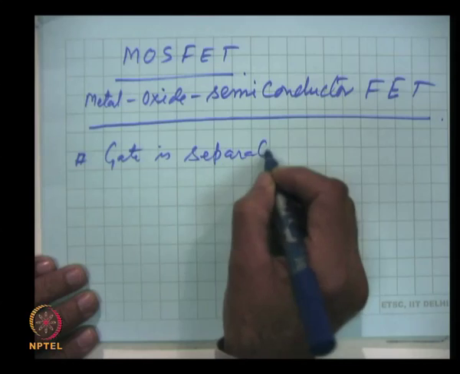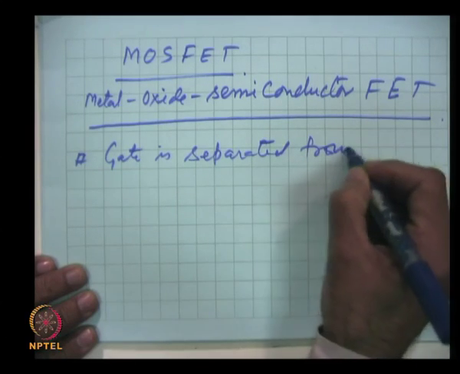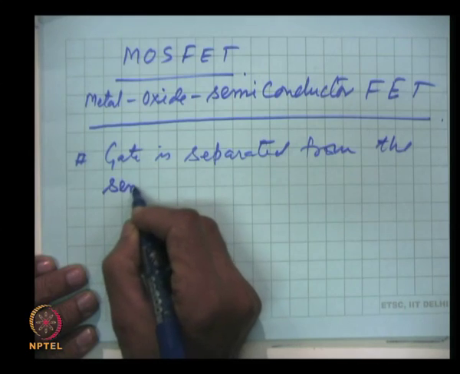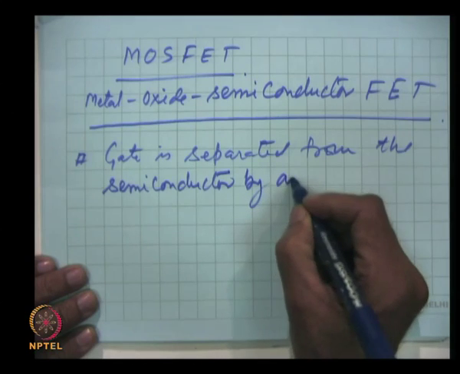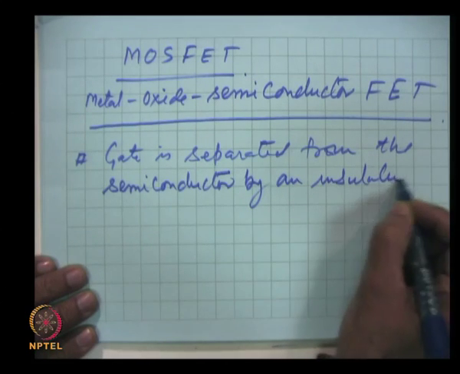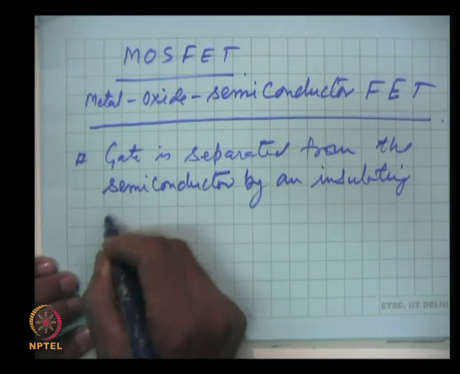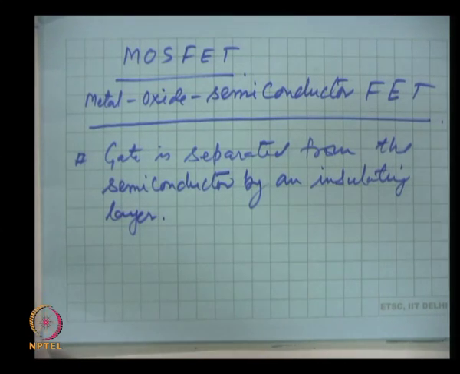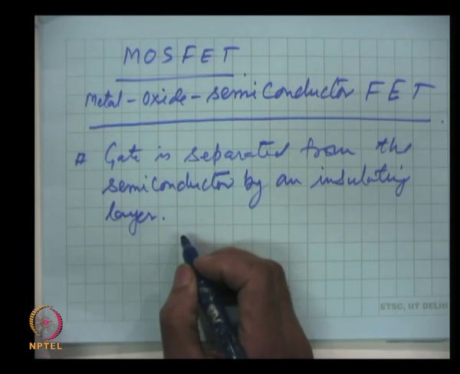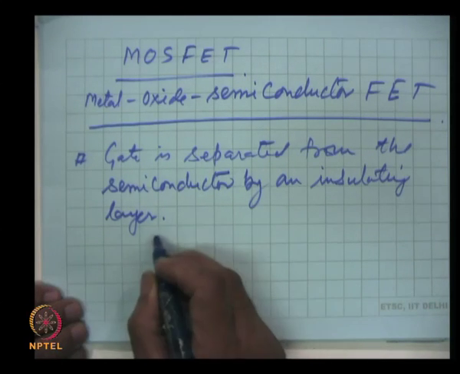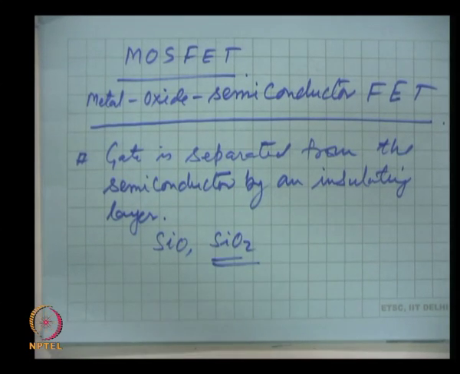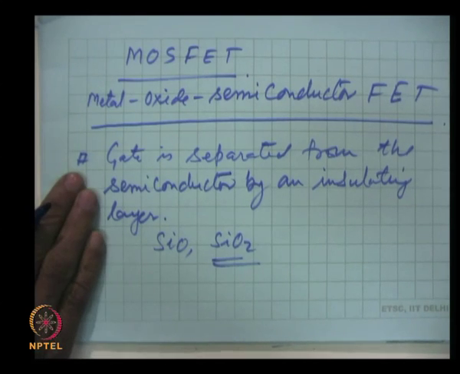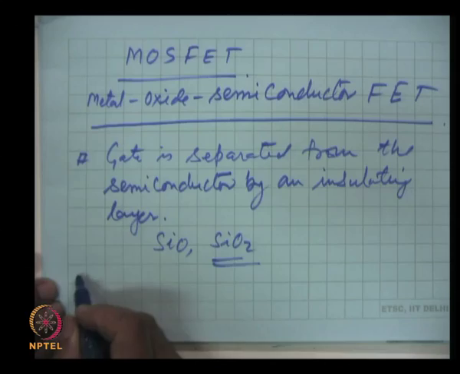So, gate is separated from the semiconductor by an insulating layer, and normally when silicon is used, silicon oxide or silicon dioxide is the layer which is used.